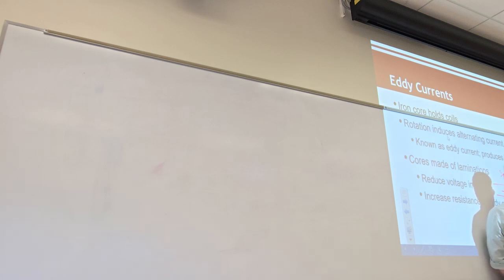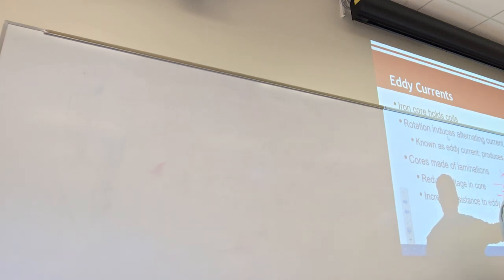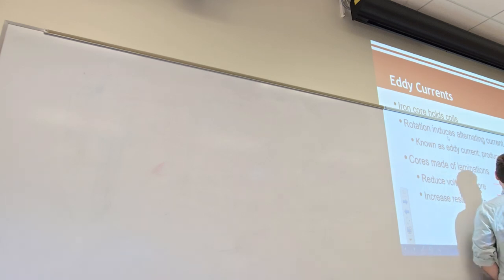Sometimes they double back within the material and circle back around, and they just essentially generate heat. They don't contribute usefully to whatever load is connected at the other end, a light bulb, a motor, whatever. It's just spinning off and generating heat, okay?